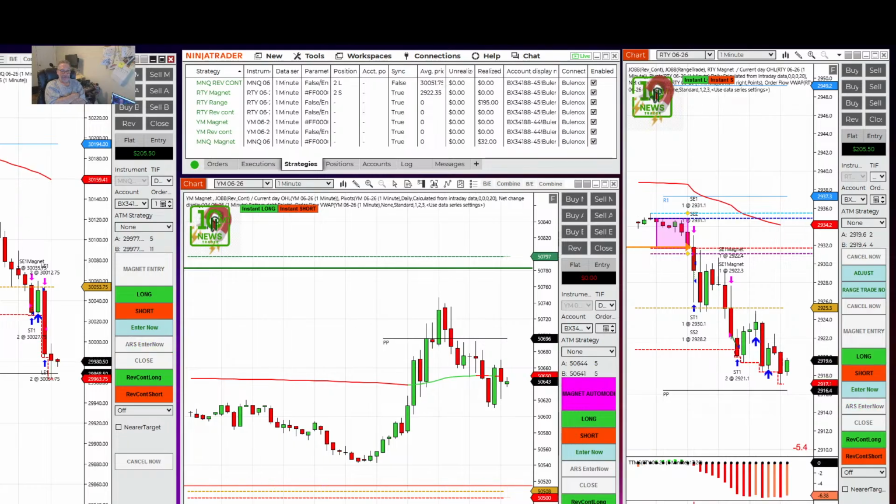JP Morgan shares extend decline to 3.3%. So it's making lows still. It's going to generate another signal.